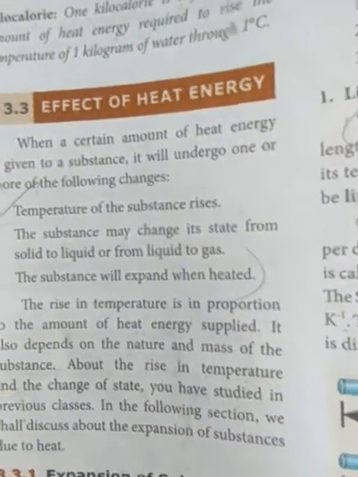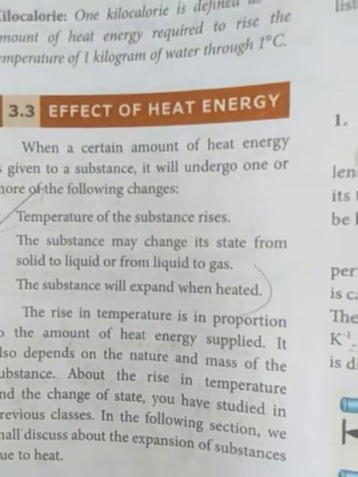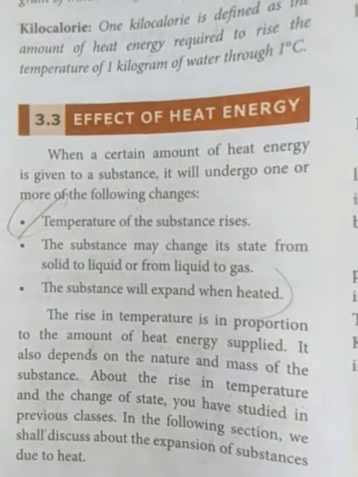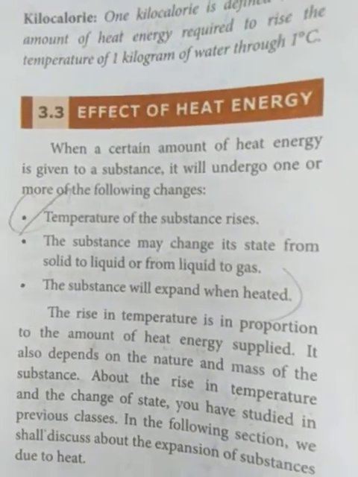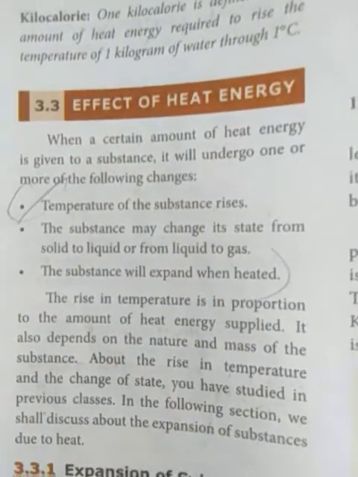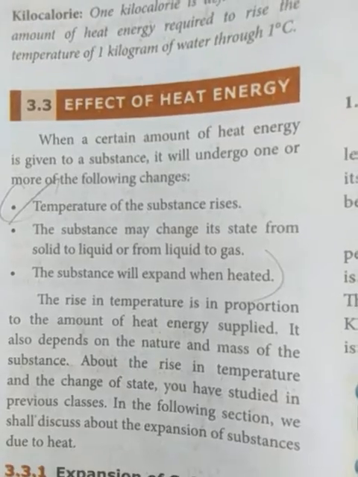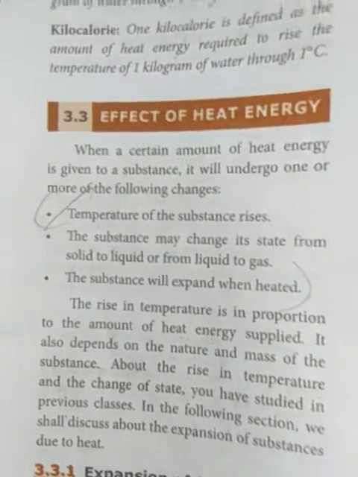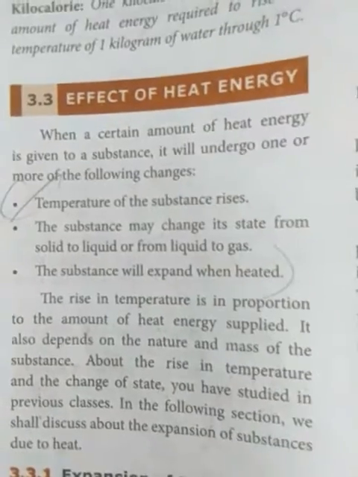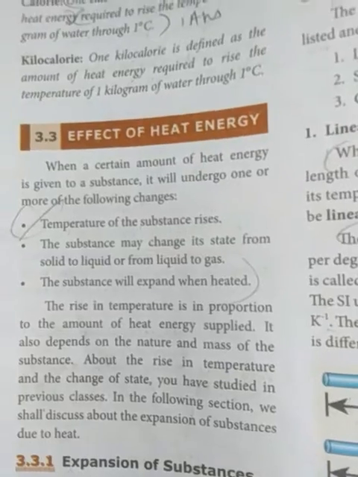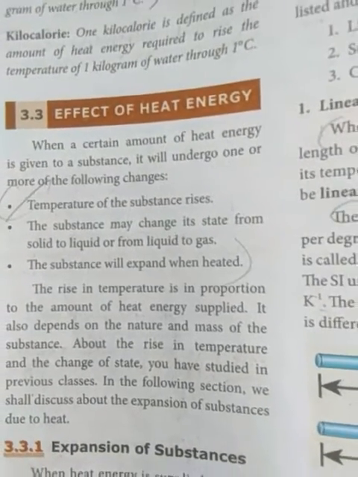Okay. So next, effects of heat energy. When a certain amount of heat energy is given to a substance, it will undergo one or more of these changes. First, the temperature of the substance is raised. The substance may change its state from solid to liquid or from liquid to gas.